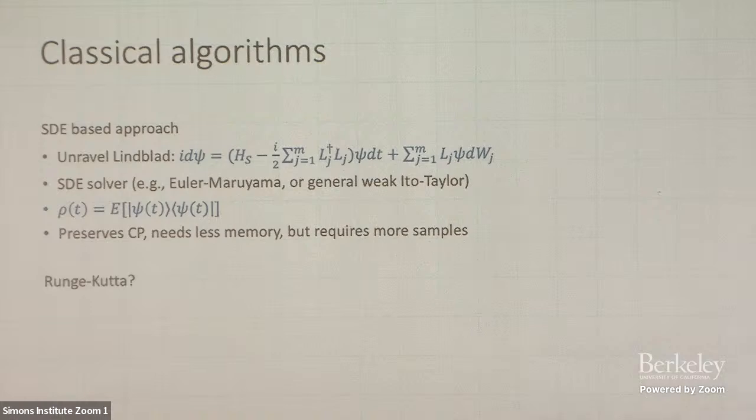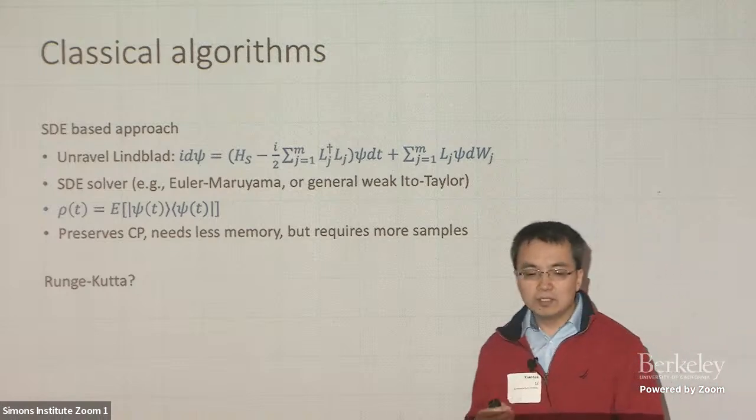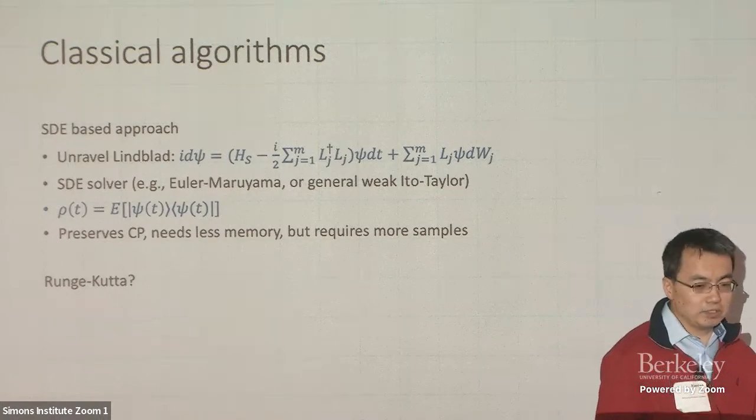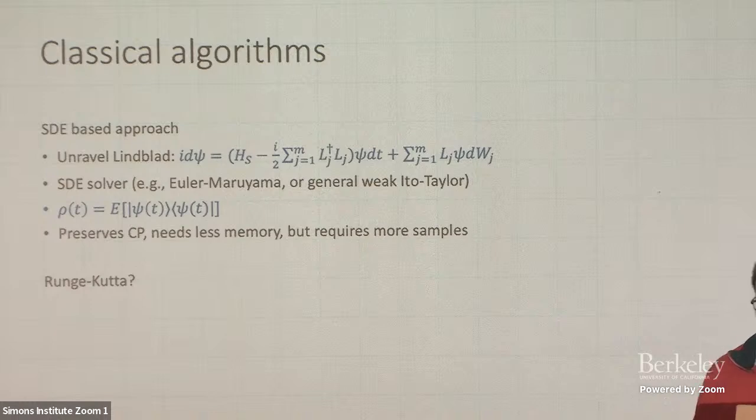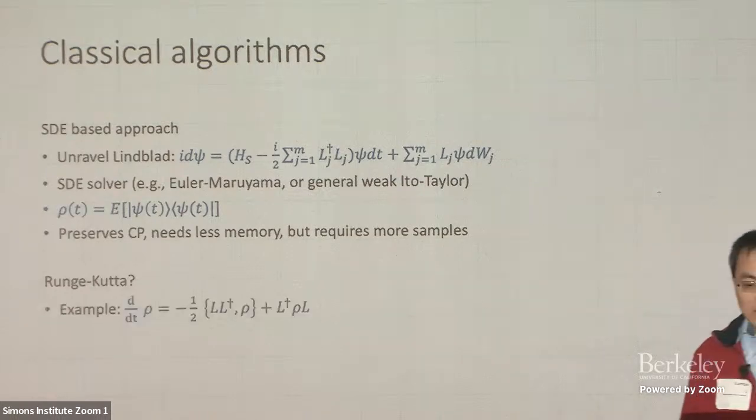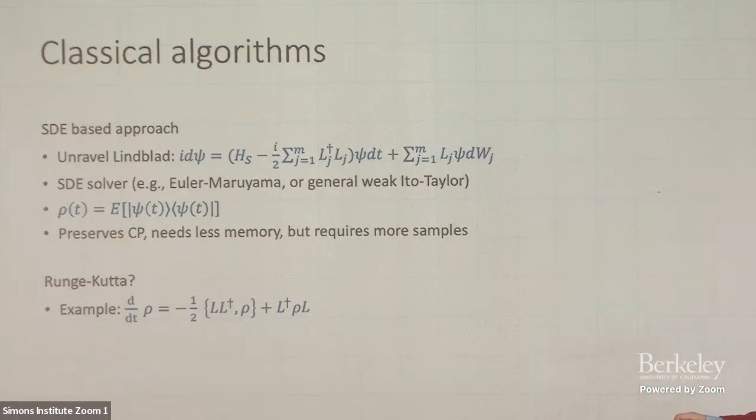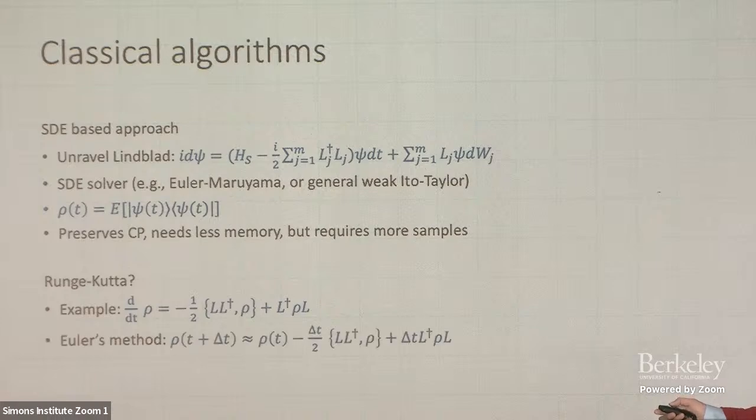Now, the other approach would be just to look at the Lindblad equation as a set of ODEs, right? Let's say that the problem is finite dimensional, then it's just a set of ODEs. So what's wrong with the standard Runge-Kutta methods? Let's take an example. Let's strip away some of the terms, let's say the coherent term, and only keep one of the jump operators.